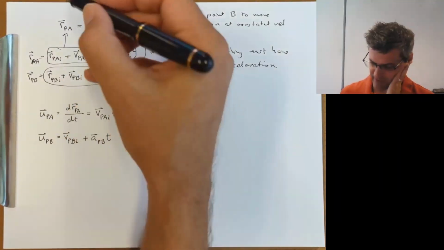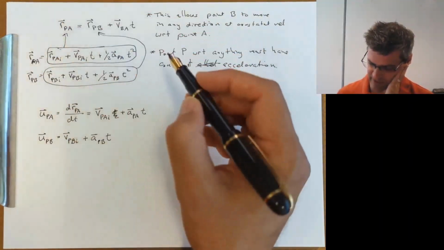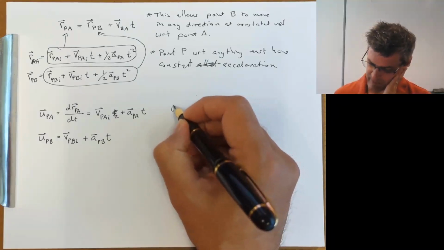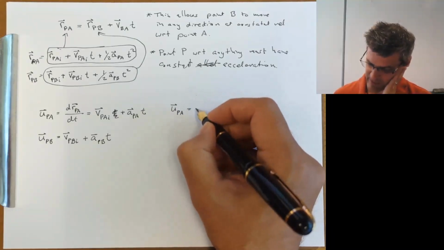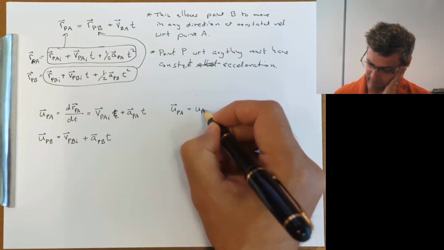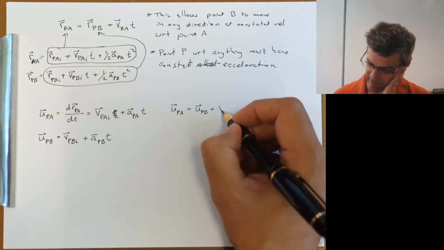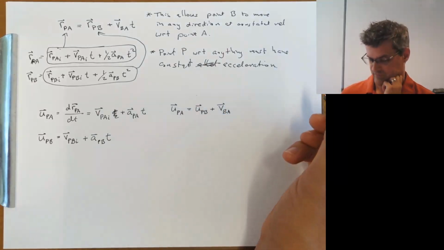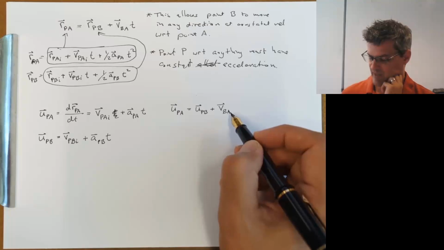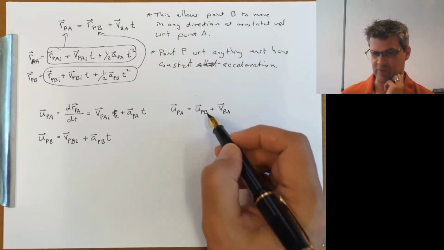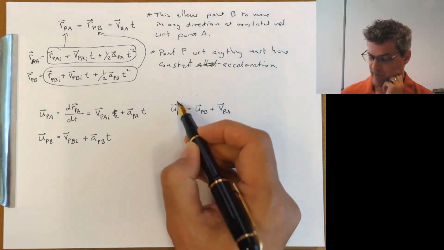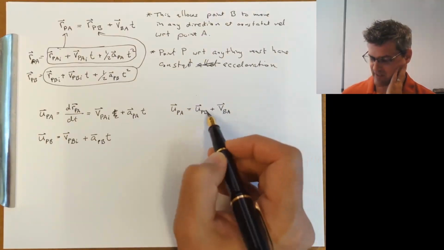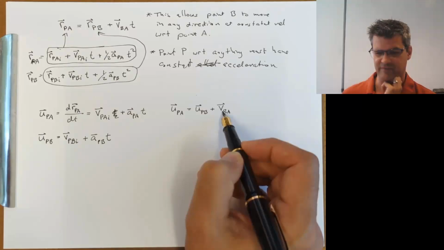If I take the derivative of both sides of this equation, I see that u PA is equal to u PB plus v BA. So B is moving with respect to A, P is moving with respect to B. We at point A would see something different because it's the vector sum of both of those things.